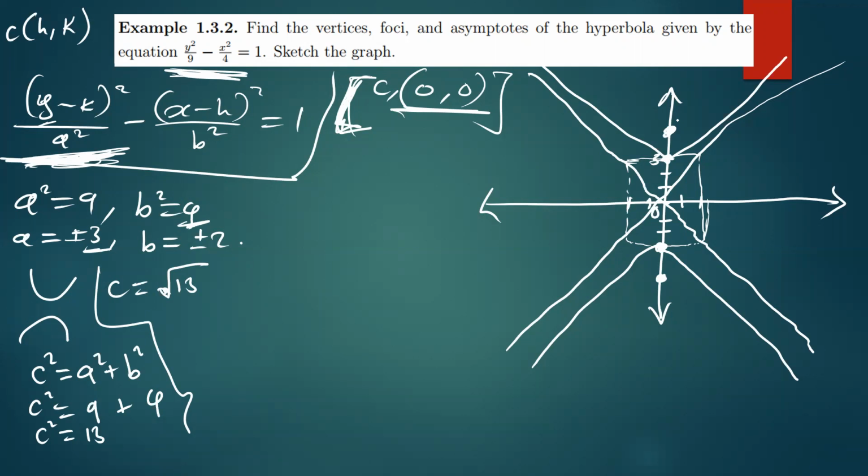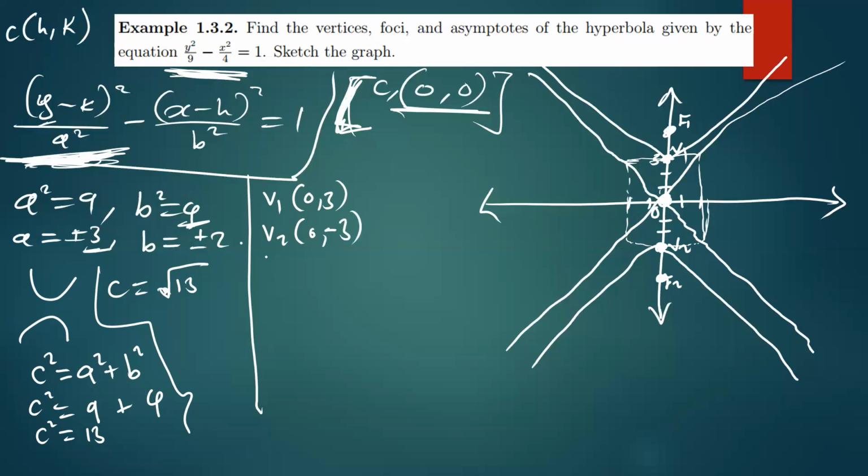Here, this is my F1, this is my F2, this is my V1, then we have V2. The center is 0, 0 there. So we can write our coordinates here to show the marker that you know what you're doing. The first coordinate is V1, which is simply 0, 3. Then V2 is 0, -3.